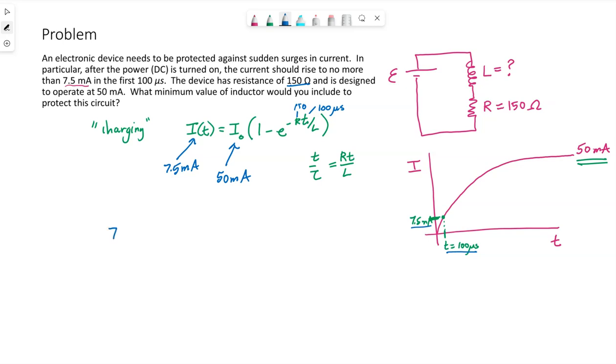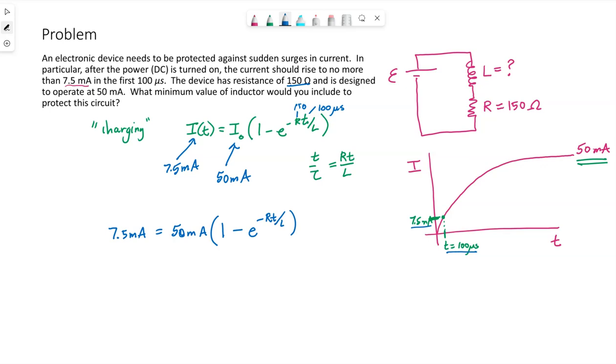So let me write this out. 7.5 milliamps will equal 50 milliamps times the quantity of 1 minus e to the negative Rt over L. I'll leave this as Rt over L for a minute, and plug in the values later.